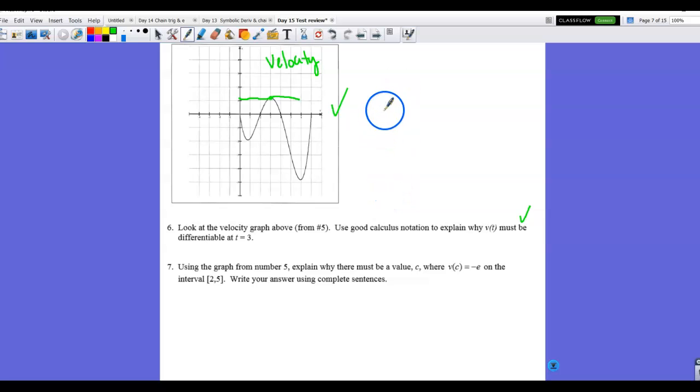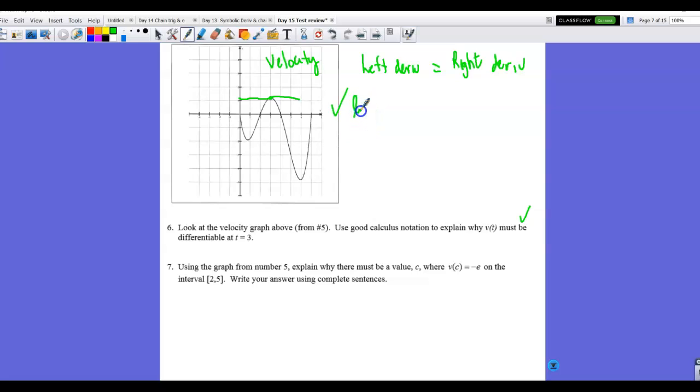Now, to explain why there is a derivative, we have to confirm that the derivative from the left is equal to the derivative from the right. We've had examples before where we refute that the derivative exists, saying the left derivative does not equal the right derivative, but in this case, we're just going to affirm that.